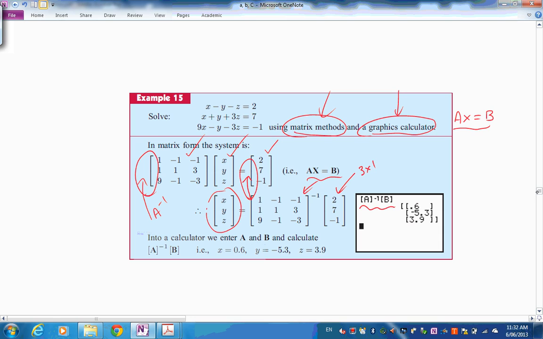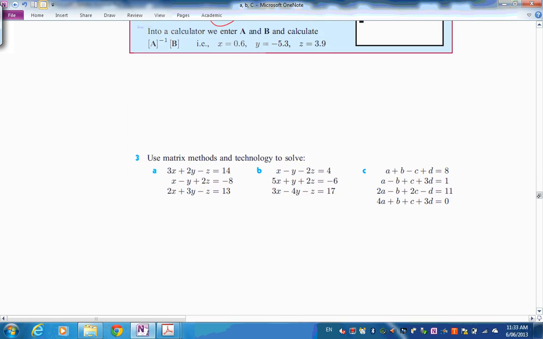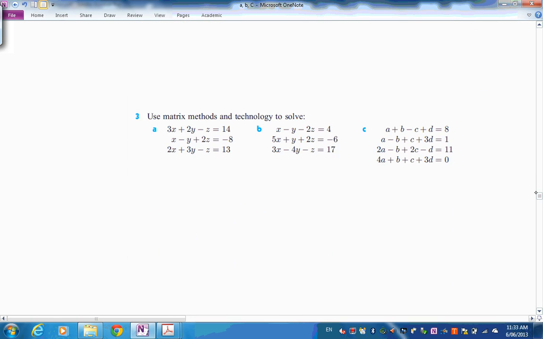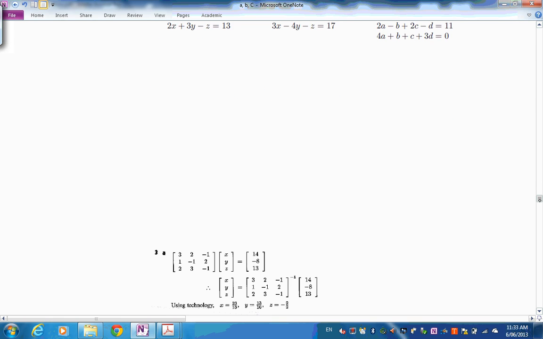Let's have a look at some problems now. So here we are, use matrix methods and technology to solve this. So they mean here AX equals B form, and then use the inverse and solve. Okay, just what we've been doing there before. So you might have a go at that.